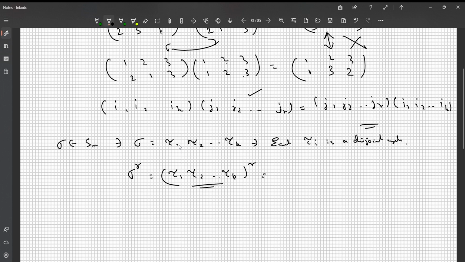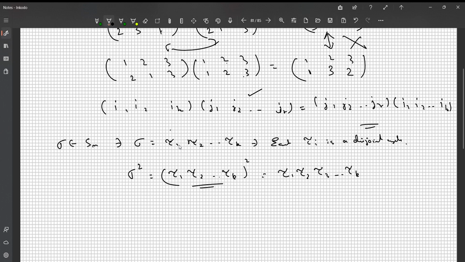Then sigma to the power r is obviously tau 1, tau 2 till tau k to the power r. And since each tau i is a disjoint cycle, tau i and tau j will obviously commute, right? So every element tau 1, tau 2 till tau k will commute with each other.